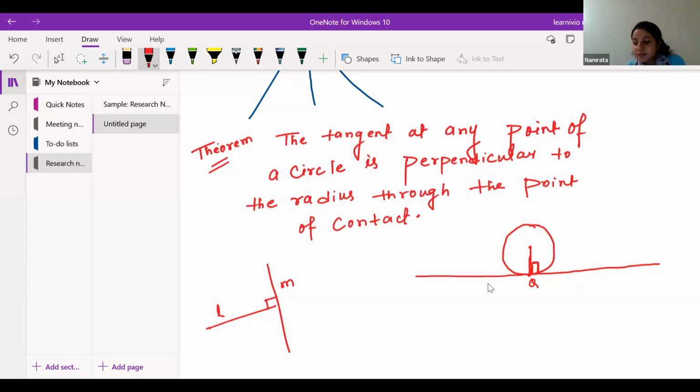A tangent to a circle intersects it in how many points?